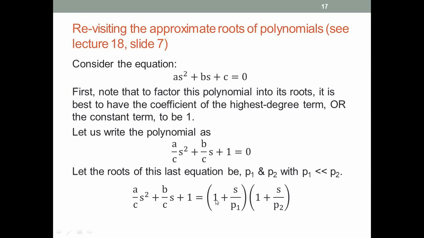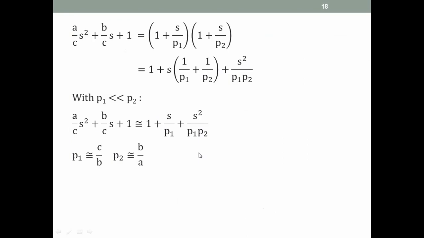So we did this earlier, lecture 18. We expand this out as 1 plus s into 1 by p1 plus 1 by p2, and then we say p1 is much less than p2, therefore 1 by p1 is much greater than 1 by p2, so we ignore the p2 and we write this as 1 plus s by p1 and s squared by p1 p2. Alright, so this we did before, and then we say p1 is this and p2 is this.